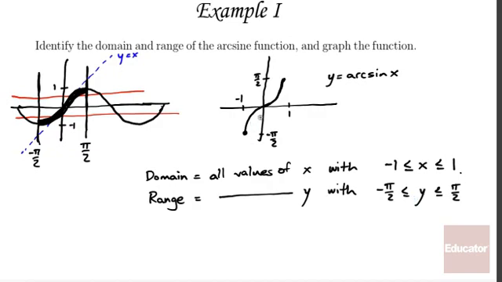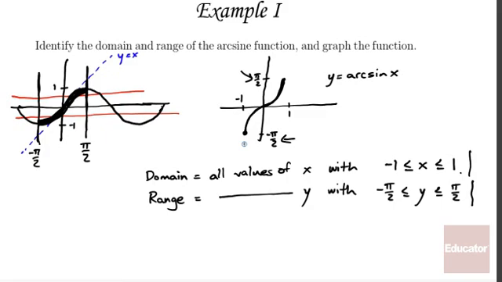So those are all the y values you see here, and you see that the smallest y value is negative pi over 2, and the biggest y value we see is pi over 2. So arcsine takes in a number between negative 1 and 1, gives you a number between negative pi over 2 and pi over 2, and its graph looks like a sort of chopped off piece of the sine graph.